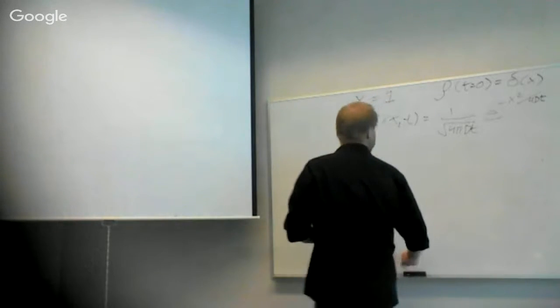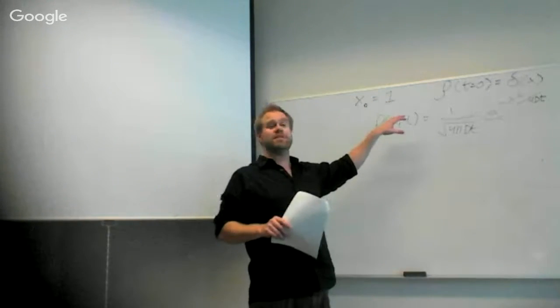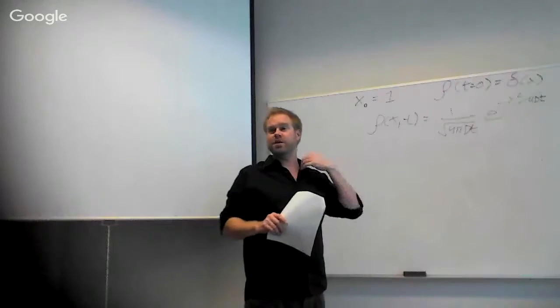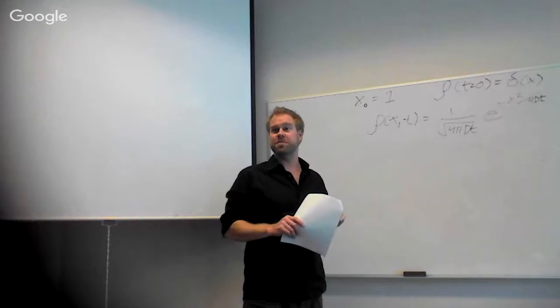And I will leave it as an exercise for you to take this and plug it into the left-hand side and right-hand side and make sure you get the same result with the D. Cool.